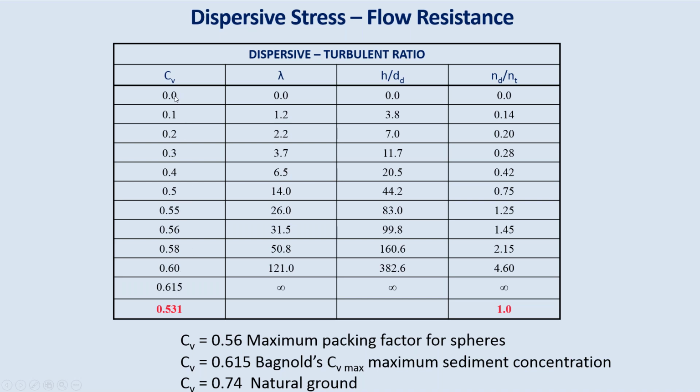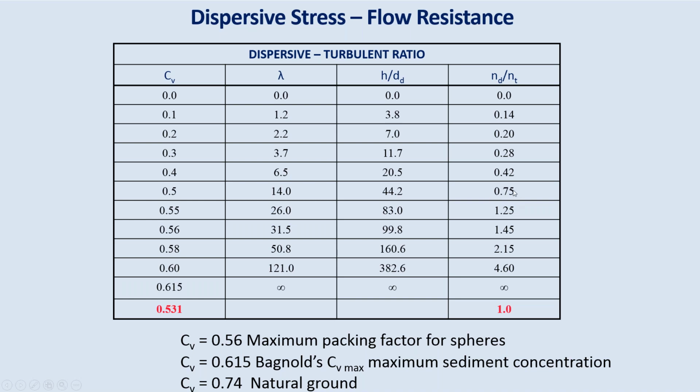that when you have a CV, a concentration by volume of 0, well, the dispersive stress component is 0 also, because there's no particles in it. When you get up around 50%, the relationship between the dispersive stress and the turbulent stress is on the order of 1-to-1.